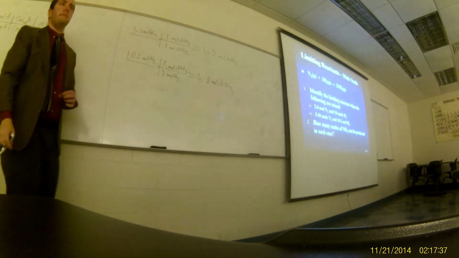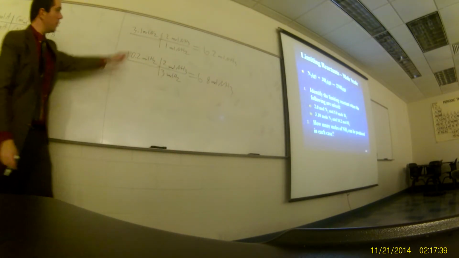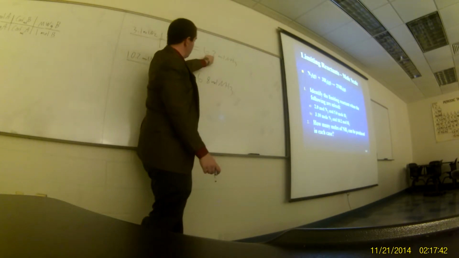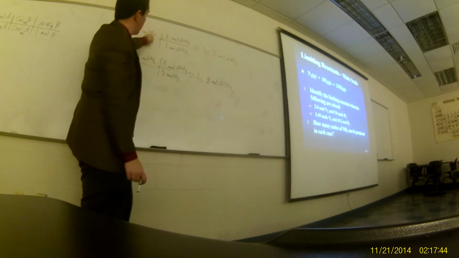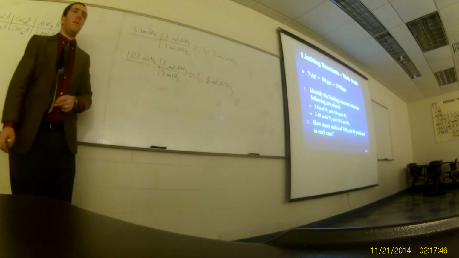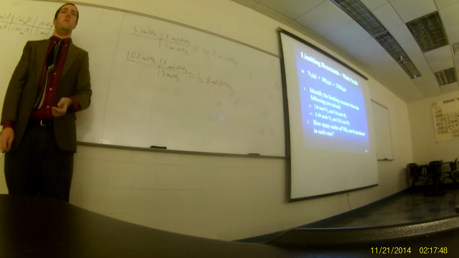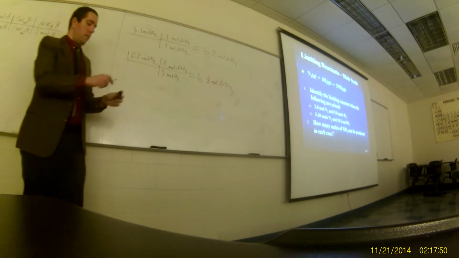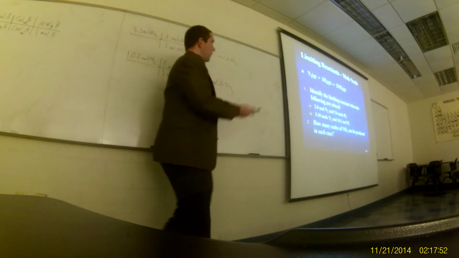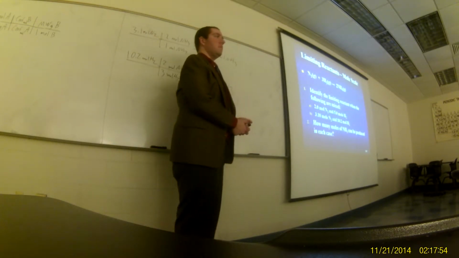What is my limiting reactant? Nitrogen. This number is smaller than that one, and so that is my limiting reactant. How many moles of ammonia can I make? 6.2. And that's that problem.